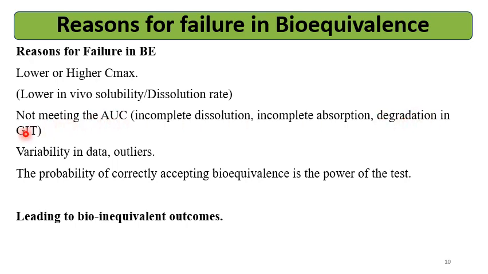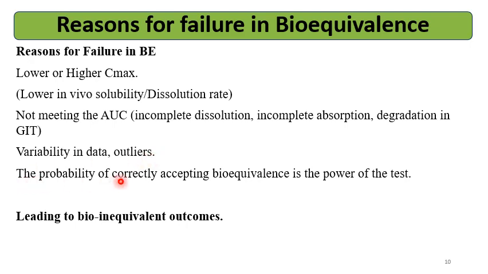Degradation in GIT is also one of the reasons. If the test formulation or reference formulation shows more or less degradation in the GIT, then this might not give the bioequivalence. Variability in the data due to the subjects, less number of subjects, or presence of outliers is also a very important reason for failure of the BE study.